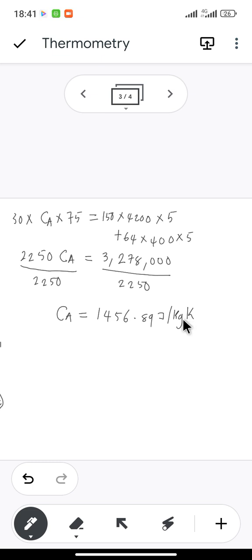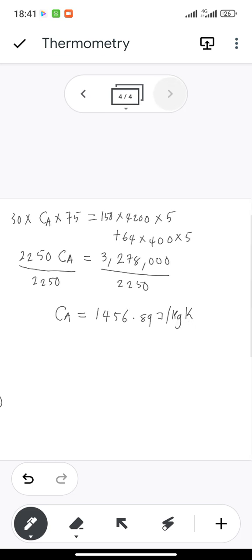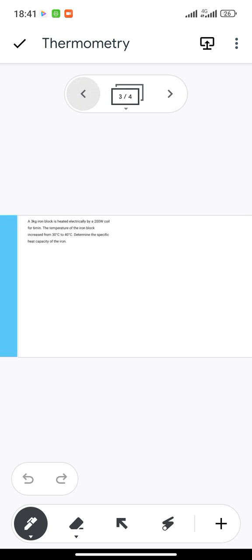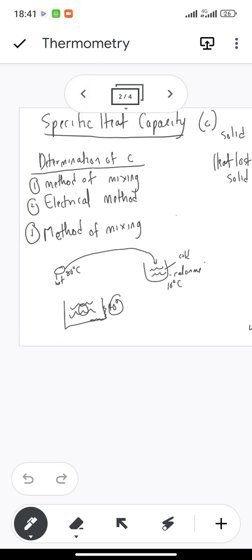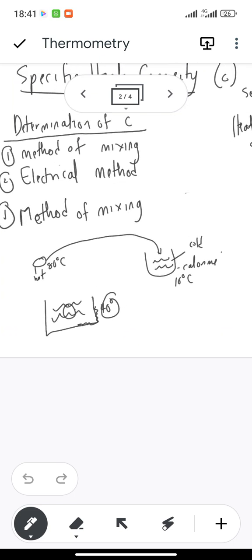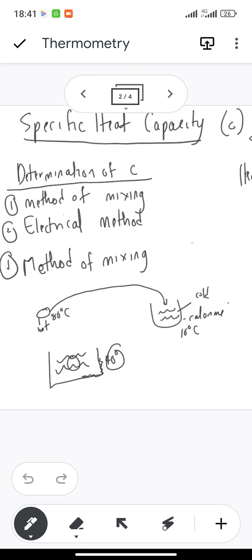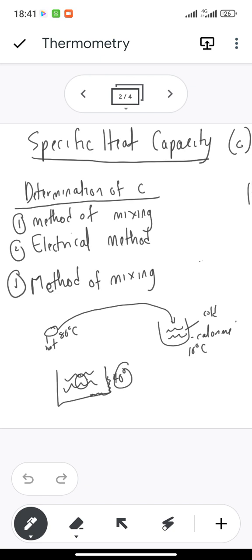You understand? Now we go over to the second method. We talked about the first method, which is the method of mixing. And we're going to discuss the second method, which is the electrical method.